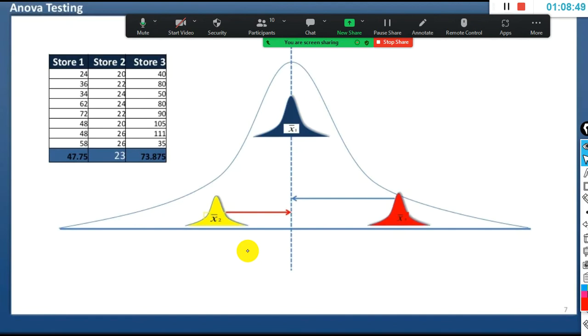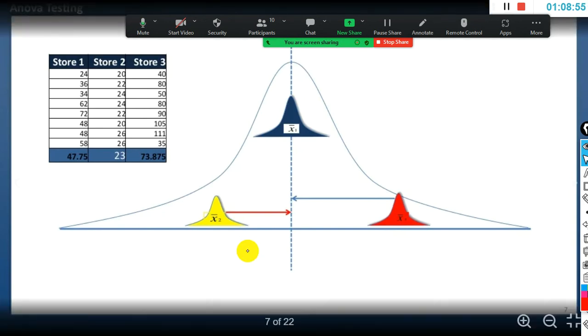Here in this case, let us say x1 bar, 47.75, is the mean. Let us assume that this is the population mean, all three things put together, the population mean is 47.75. But for store one, the sample mean falls exactly on the population mean.